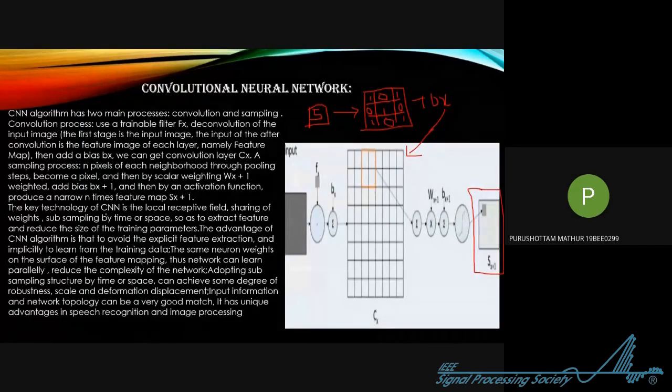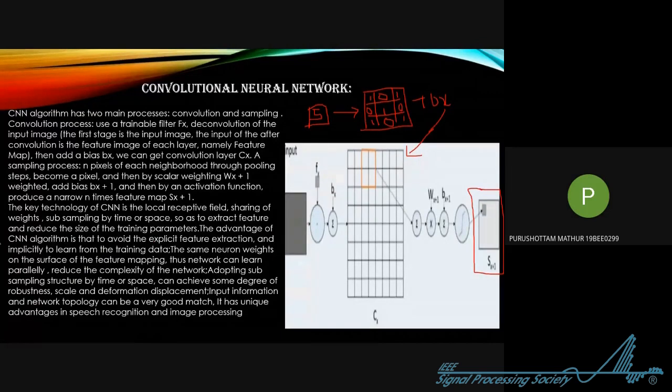The key technology of CNN is the local receptive field, sharing of weights, and subsampling by time or space, so as to extract the features and reduce the size of the training parameters. The advantage of CNN is that it avoids explicit feature extraction and implicitly learns from training data.